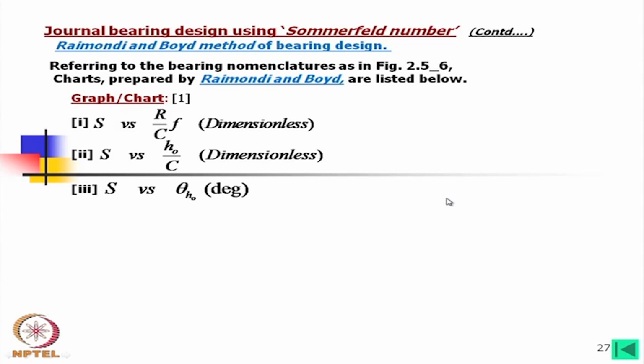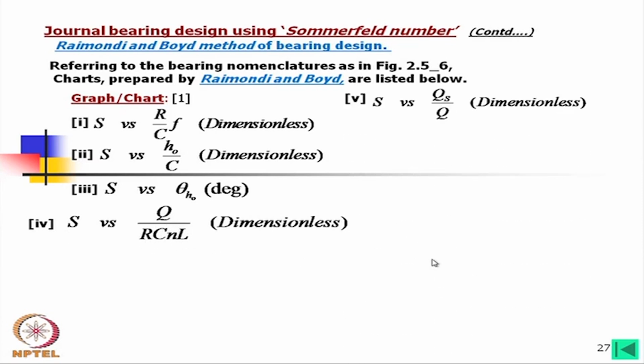Then we will also find S versus theta H 0, that is the angle of H 0; H 0 is the minimum film thickness. S versus Q by R C N L. So, if we have this L, then from there we can directly find what should be the L or Q.